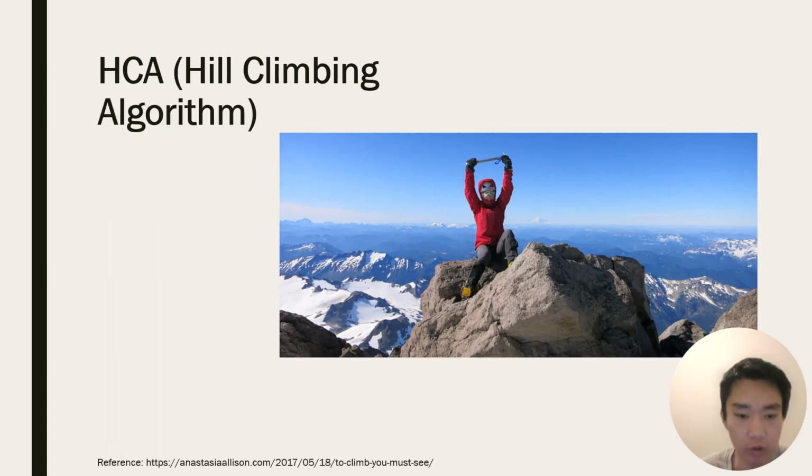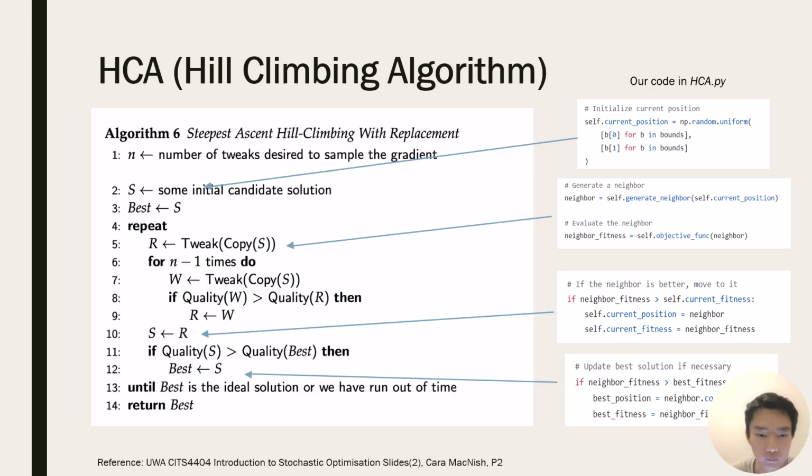And thirdly, our control group, the hill climbing algorithm. We used a classic steepest ascent hill climbing algorithm as our baseline. Starting from a random 14-dimensional vector, we tweak one parameter at a time by plus or minus 0.1 to generate a single neighbor. If the neighbor is better, we move to it and update the best solution if necessary.